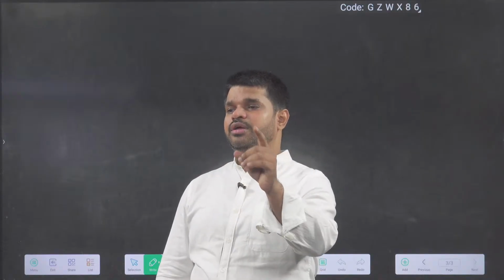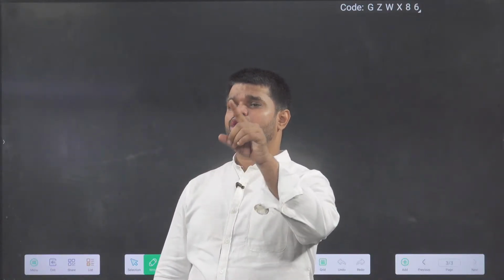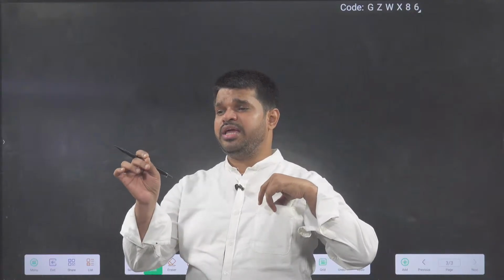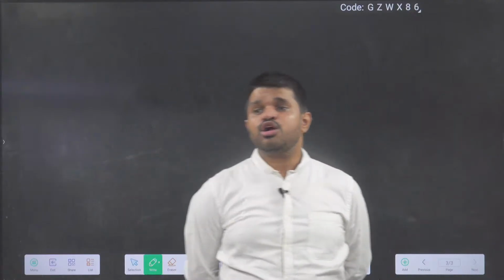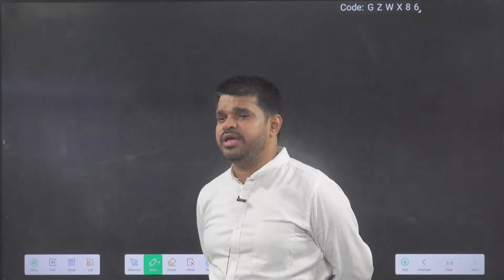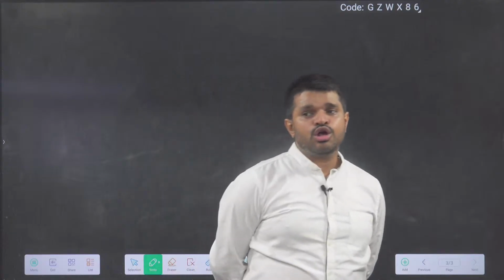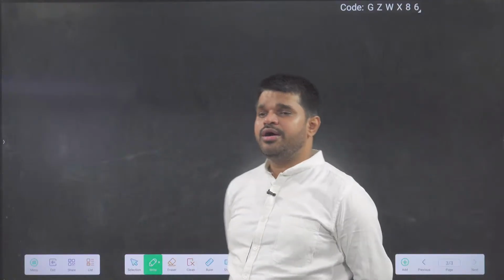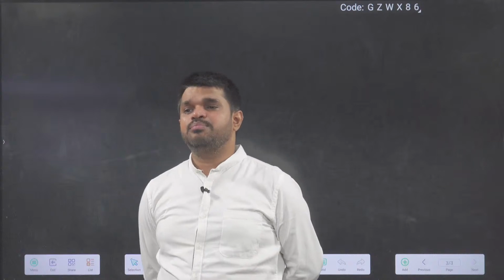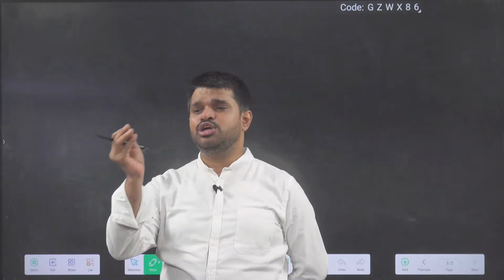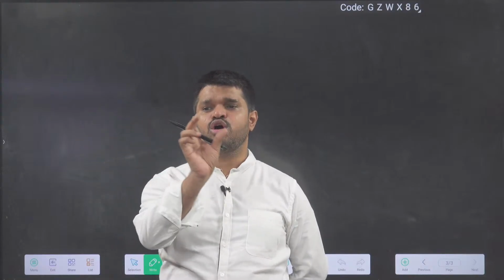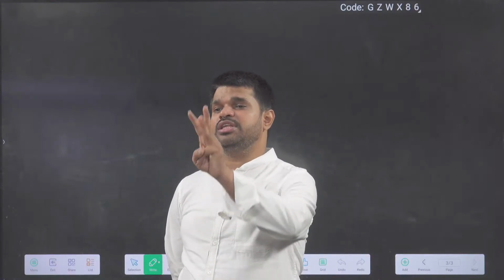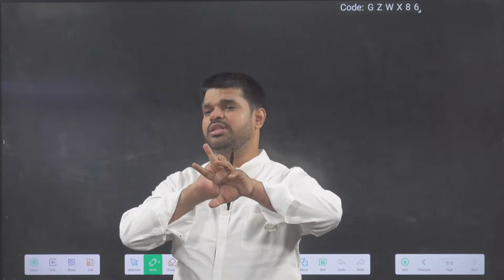Sin A plus B formula: sin A cos B plus cos A sin B. Sin A minus B formula: sin A cos B minus cos A sin B. Cos A plus B formula: cos A cos B minus sin A sin B. Cos A minus B formula: cos A cos B plus sin A sin B. After that, sin 2A equals 2 sin A cos A. Cos 2 theta has three formulas: cos squared theta minus sin squared theta, first formula.